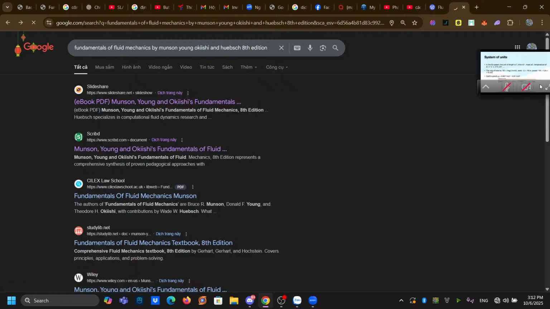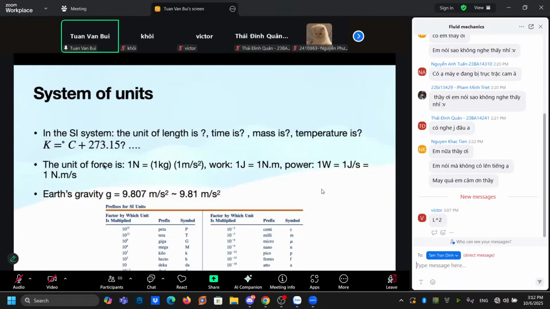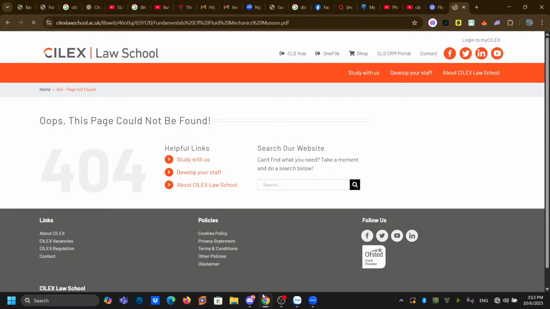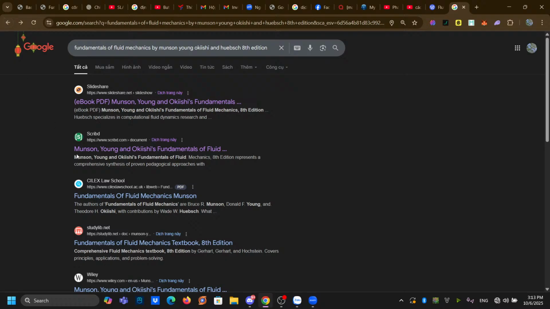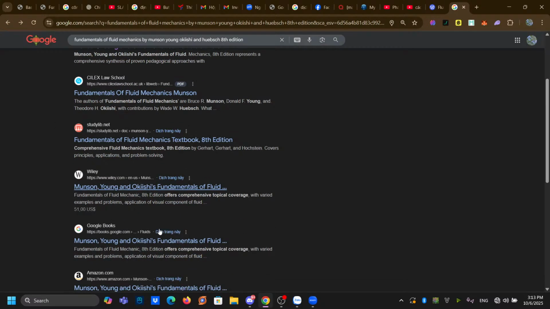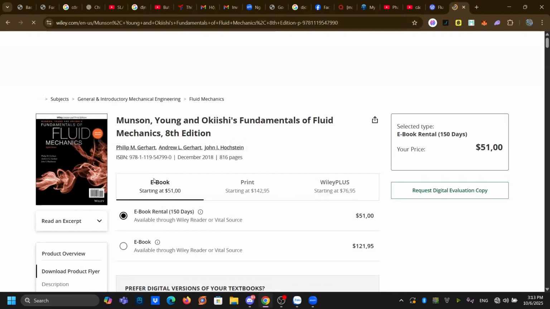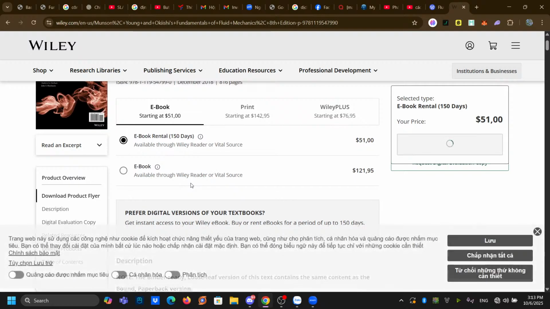Okay. And then you have the unit of force, that is 1 Newton. 1 Newton is equivalent to, from Newton's second law, 1 kilogram multiplied by 1 meter per second squared. For work, 1 joule equals 1 Newton multiplied by meter.